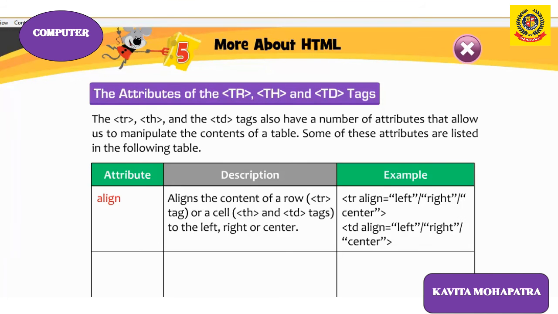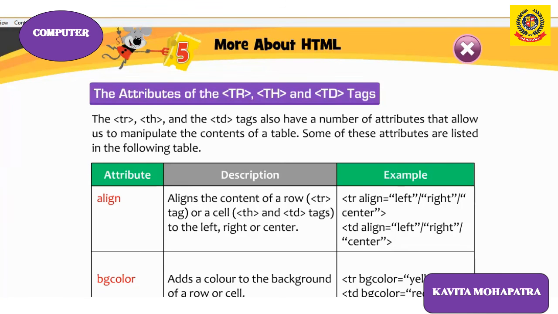This aligns the contents of the row, or the cell in th and td tags, to the left, right and center. So tr align equal to left, right, center, or td align equal to left, right or center. Inside the cell you can align with different alignment.